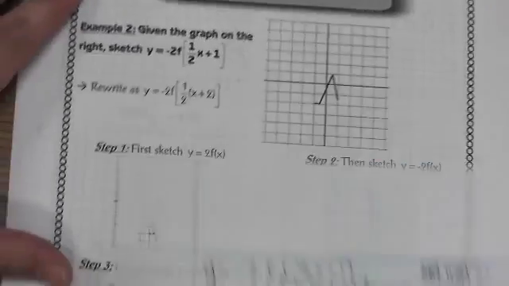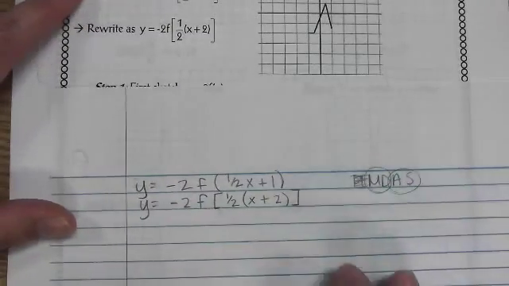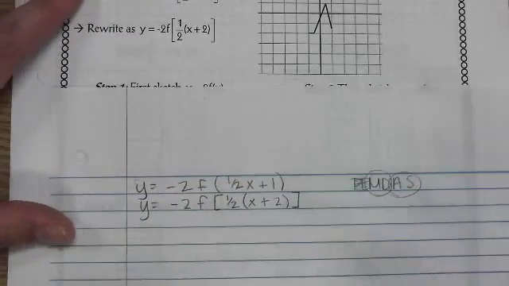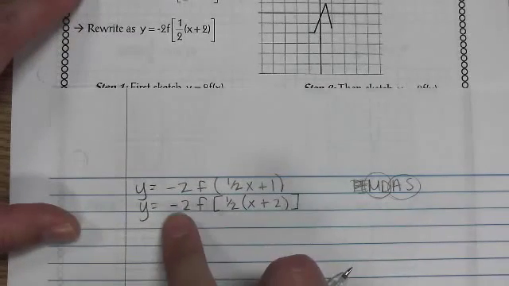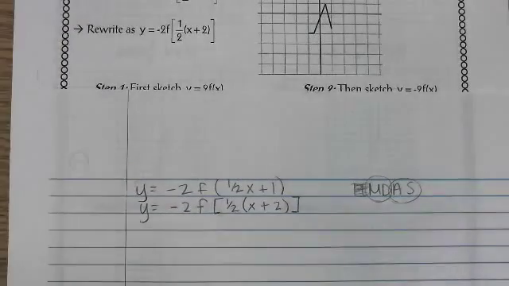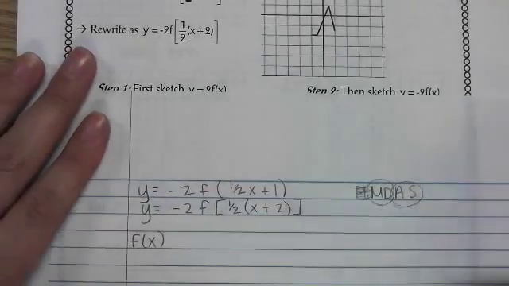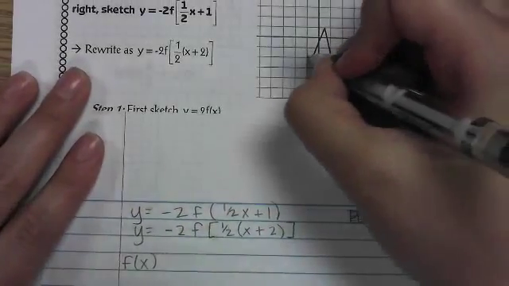So again, I'm going to follow what they did in the packet so that you're not confused if you compare your notes, but just know that you don't have to do it in the same order I do it, so long as you take care of these 3 things first, and then the 2 has to be the last thing that we do. So first thing, I'm going to go ahead and write f of x, and I'm going to choose points for this graph.